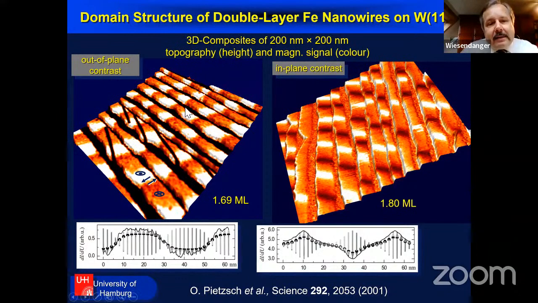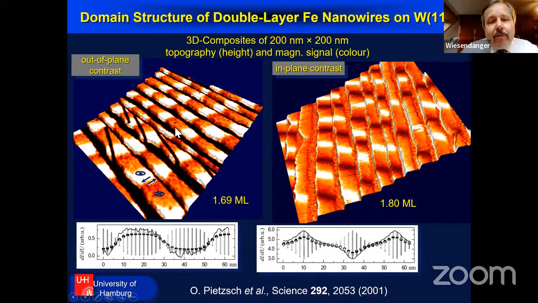These nanowires are typically 15 to 20 nanometers in width, and you can see very small domains on the order of 15 times 20, 25 nanometers. With other techniques, it would already be impossible to visualize it this way.